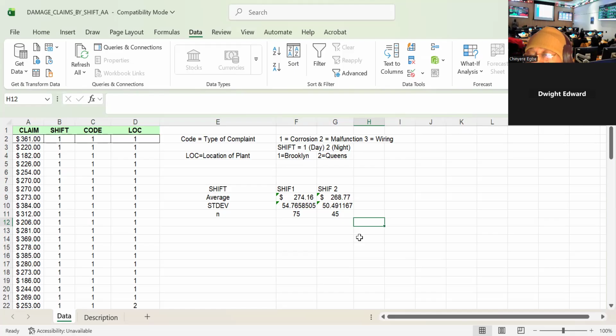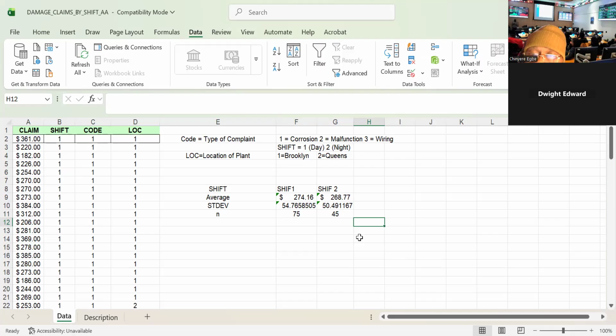Maybe the night shift people are sleepy, and so that's why their goods are more damaged. Or is it that the differences in the amount of claims are really based on location, and maybe the Brooklyn guys do not do a job as good as the Queens guys for some reason, or there are more claims due to damages from Queens than Brooklyn.